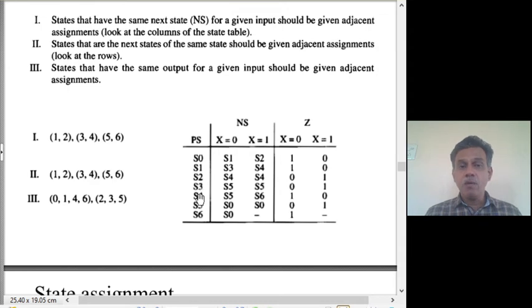If S3 and S4 have similar bit patterns, then with a small change in the circuit, the same circuit can be used for this transition as well as this transition.